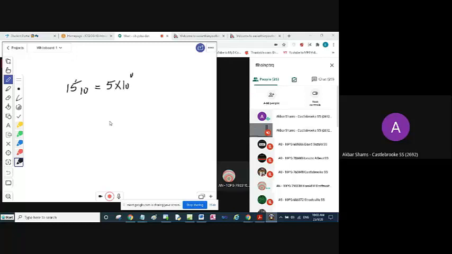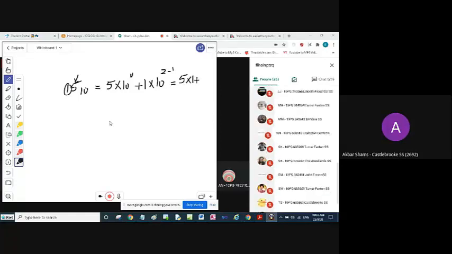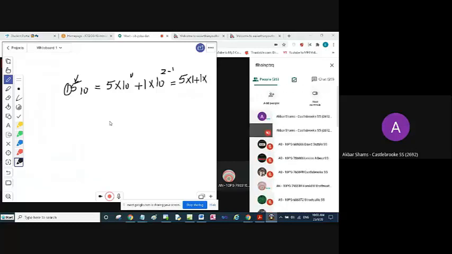Remember, this 5 is in the first placeholder, so 1 minus 1 is 0, plus 1 times 10 exponent 1. This is the second placeholder, so 2 minus 1. 10 exponent 0 is 1, so 5 times 1 plus 1 times 10 exponent 1, which is 10, so I get 15. Which is the same number, right? Agree?